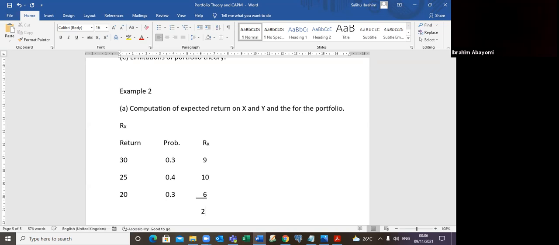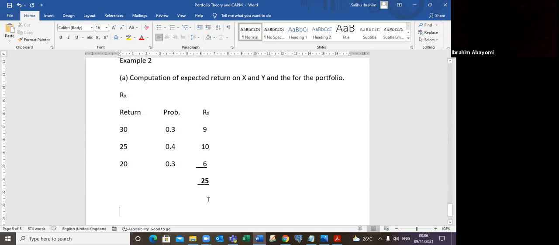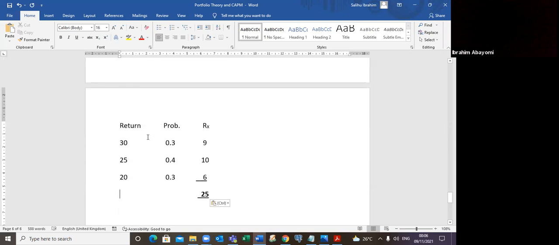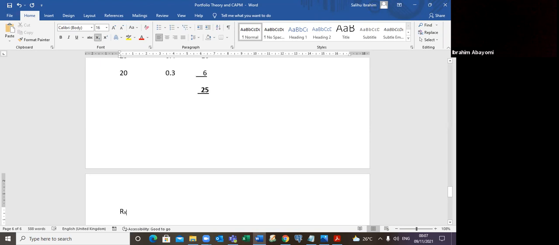So I have 25 expected return for X. What about for Y? Let me just copy this one and replicate it for Y.